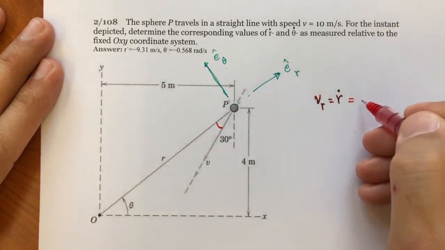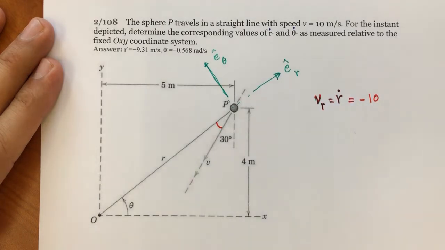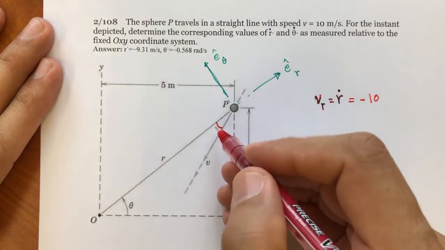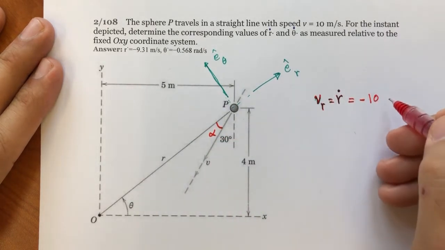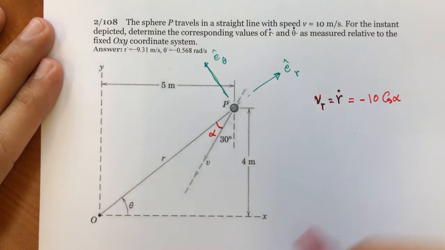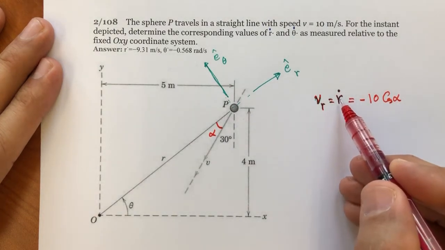So it's gonna be negative 10 times, if I call this angle alpha, negative 10 times cosine of alpha. So if I know what alpha is, I can put it here, and I'm gonna be able to find r dot.